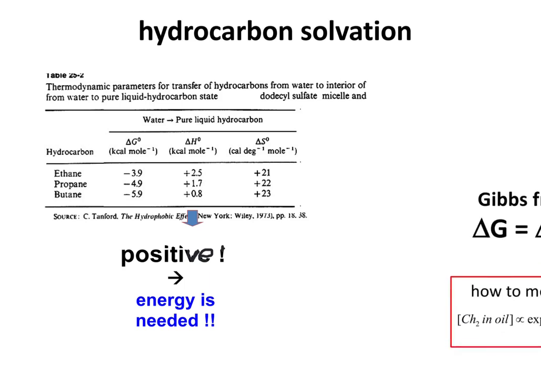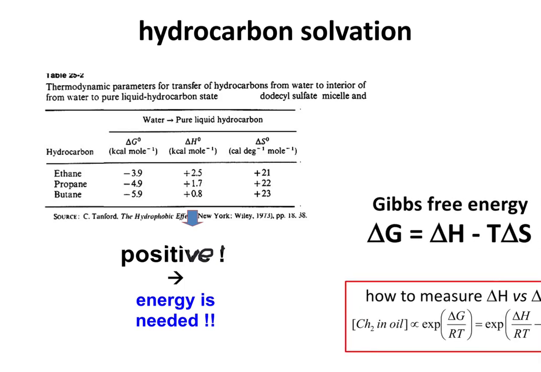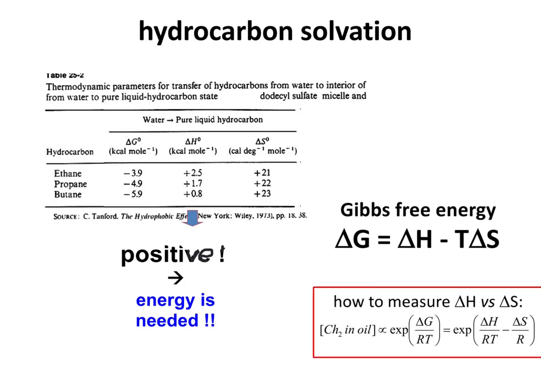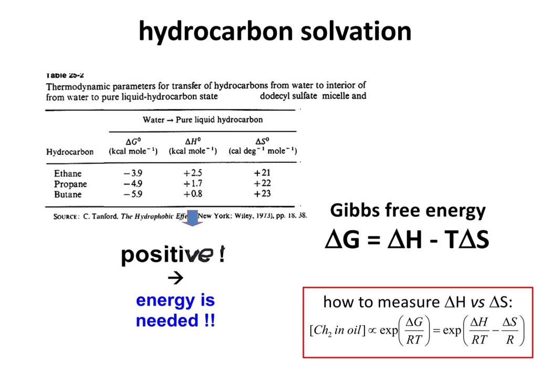First is the change of the inner energy, delta H, and a part that concerns a change in the entropy, minus T delta S. Now, looking again at this table, you see that delta S for that process is positive, hence making delta G negative, and you have the separation between oil and water.